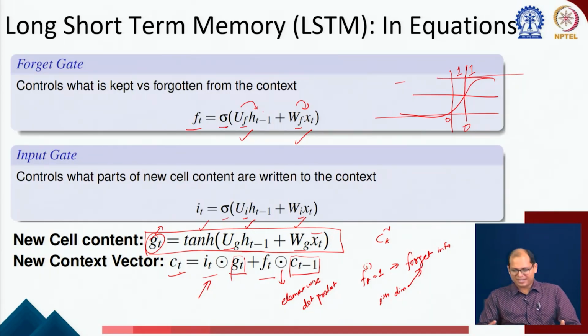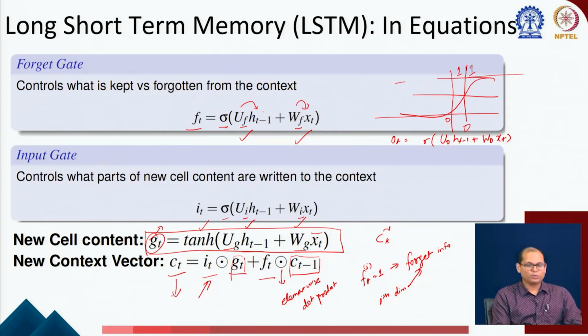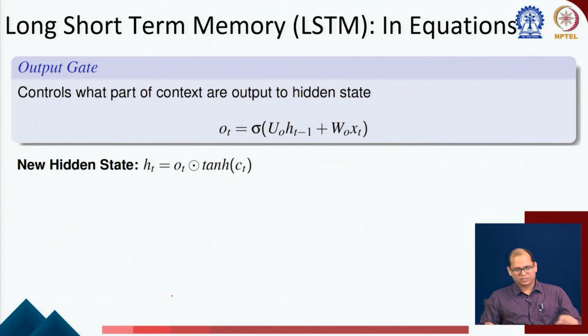What else is remaining? Your output gate. You can write the equation for output gate. So, OT will be nothing but sigmoid of UO HT minus 1 plus WO XT, right. Just new subscript, you have OT, the output gate, and output gate will control what part of CT will go into HT. So, the new hidden state will be OT element wise multiplied to tanh of the cell state, right.